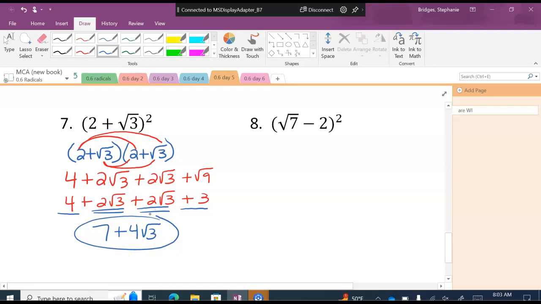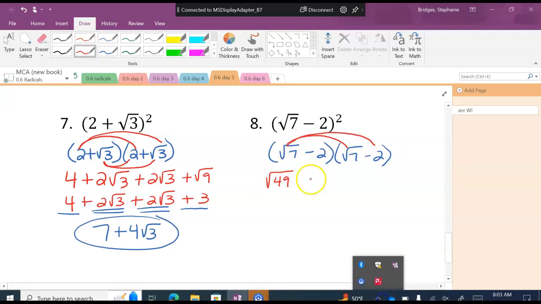And then 8 is exactly the same. We're going to write it twice exactly as it is. We don't change anything. And then we do the distributing. The square root of 7 times the square root of 7 is the square root of 49. That's going to give me a negative 2 square roots of 7. The inside terms is a negative 2 square roots of 7.